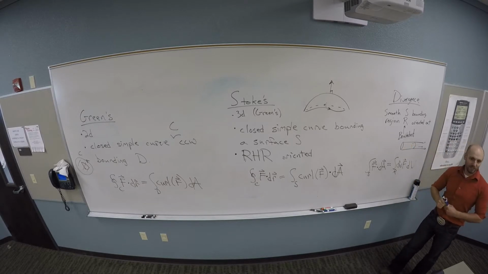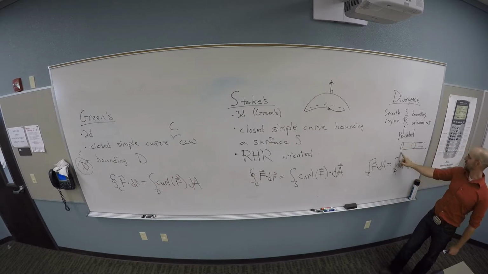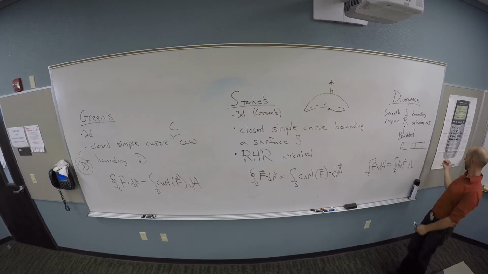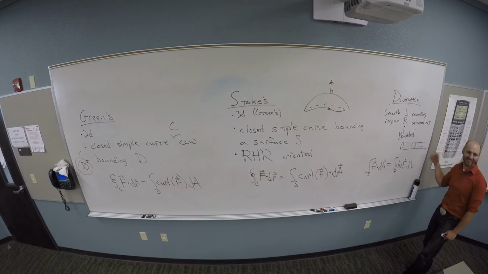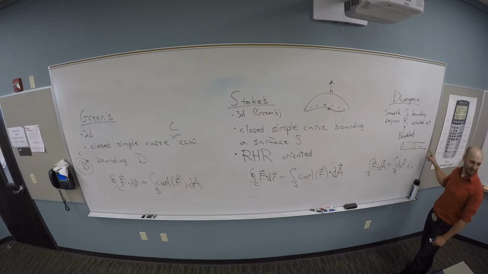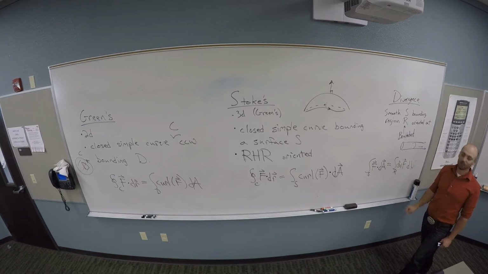If I had a vector field that does nothing over here and then over here flows off, flowing off to the right faster and faster, the divergence in here is going to be pretty big, but nothing's actually passing through the surface, it's just running off the right-hand side. So this region R has to be bounded.